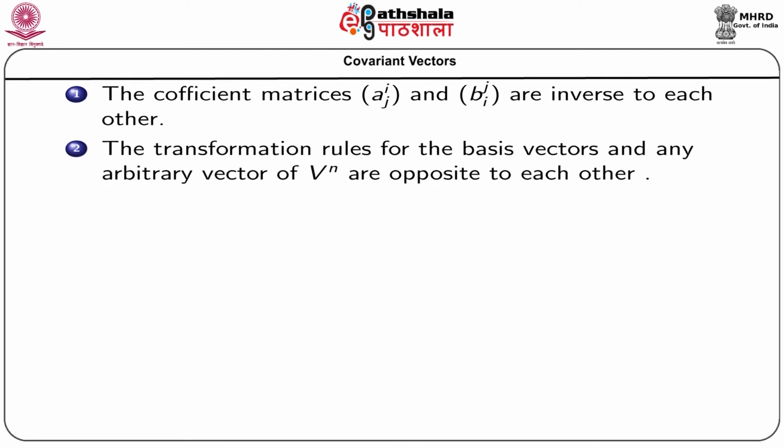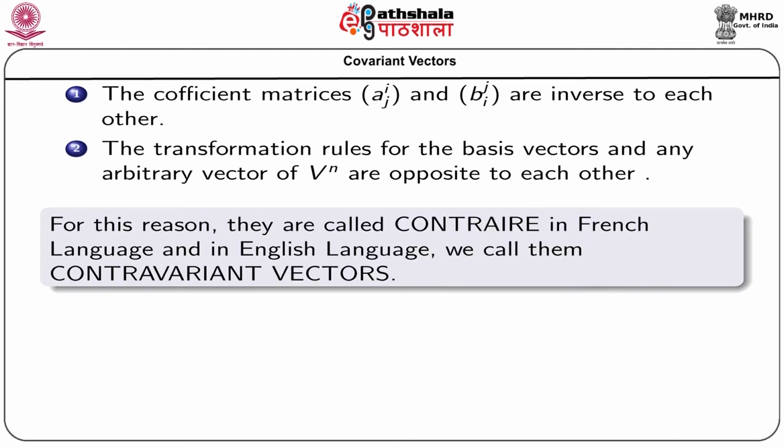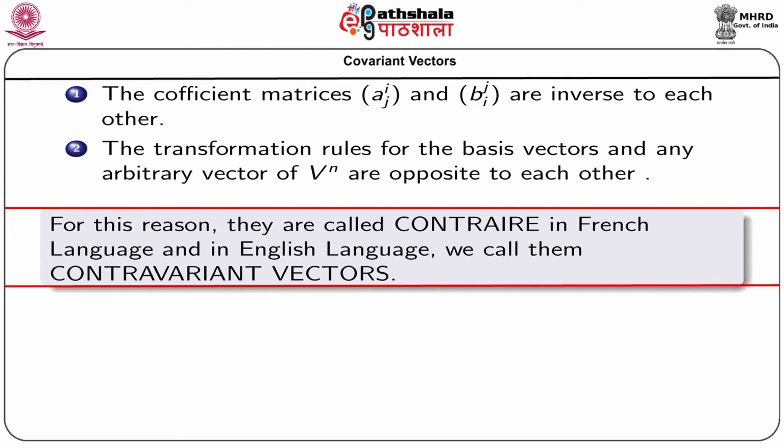Second one, the transformation rules for the basis vectors and any arbitrary vector of the vector space are opposite to each other. For this reason, they are called contrary in French language, and in English language we call them contravariant vectors.